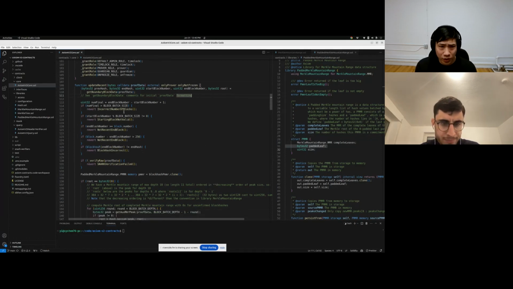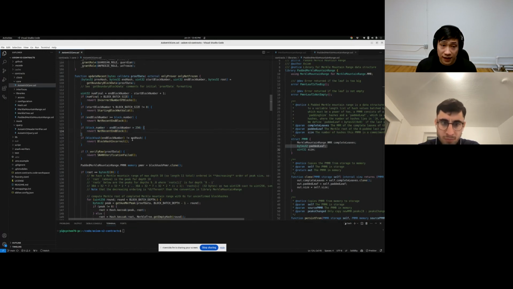So just to walk through kind of briefly, since it's pretty similar to the previous case, we do a lot of validation just to make sure that we're proving at most 1024 blocks, that the end block is actually within the last 256 blocks that the EVM has access to. And finally, that the end hash actually matches what we get from the block hash opcode.